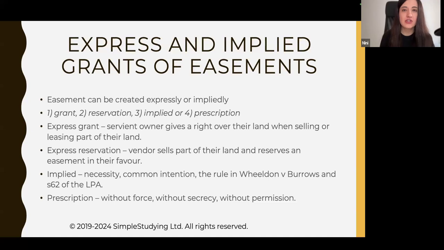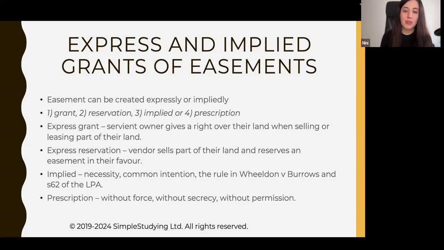And finally, section 62 of the LPA. This is when there's a permission to use a certain part of the land, and then the property gets sold. Section 62 can convert permissions and privileges to easements in certain circumstances.